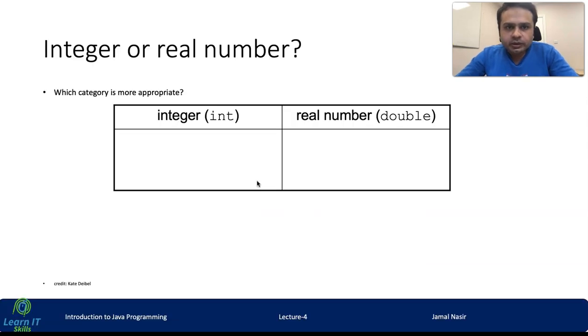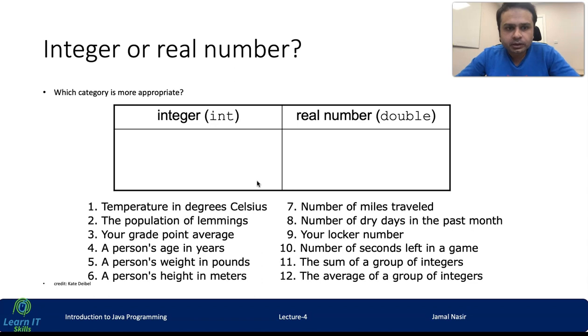So integer or real number, obviously we can decide on the basis of our need. For example, if we have to store temperature in degrees Celsius, what do you think is the best type to use?